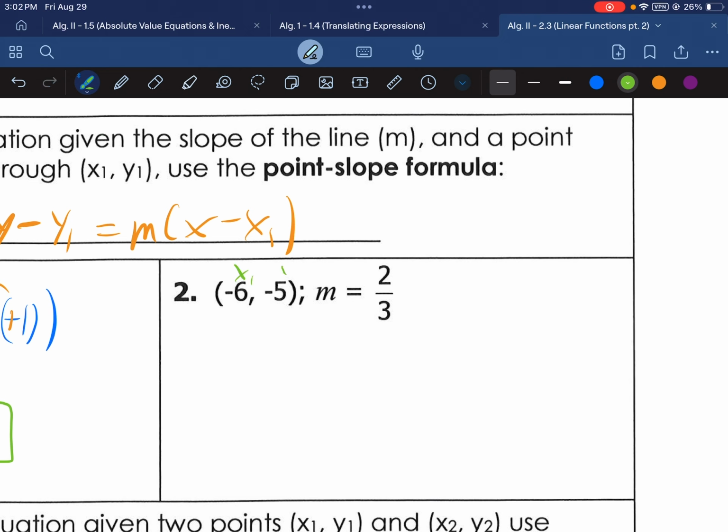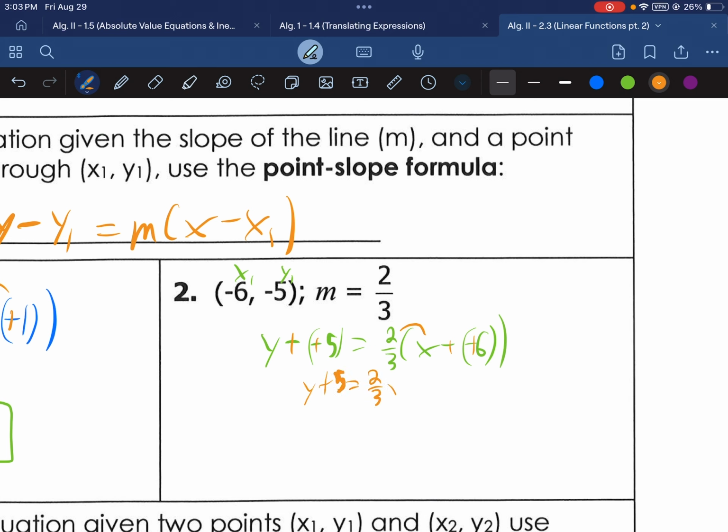On number 2, if we plug this into point slope form, this being x1 and this being y1, we end up getting y minus a -5 equals 2/3 times x minus a -6. So we have two negatives in a row here and here, so all of those turn to addition symbols. We distribute the 2/3 to x and we get 2/3 x.